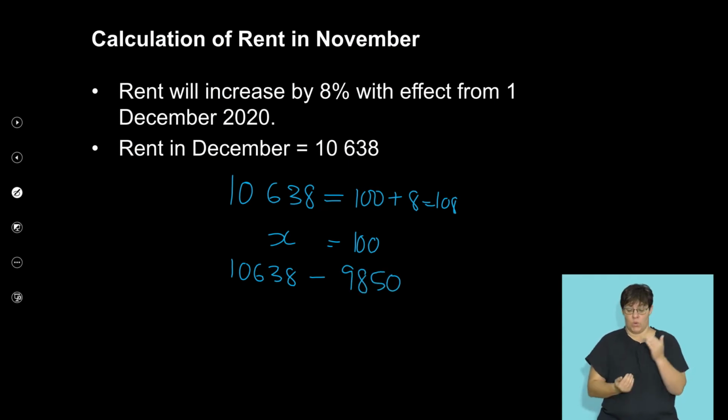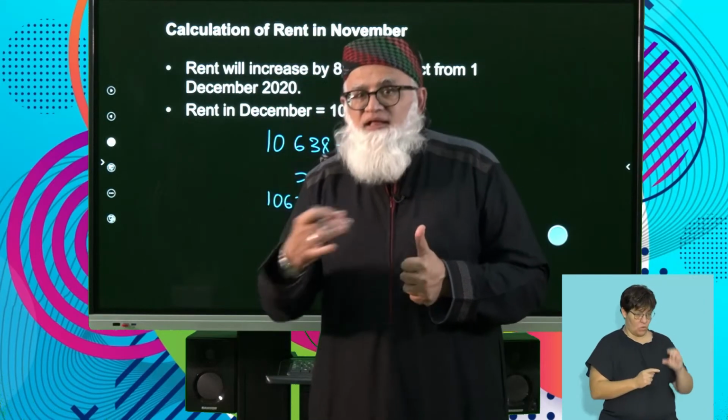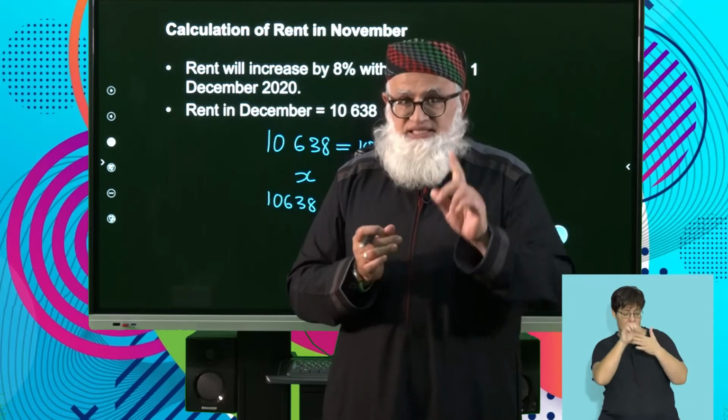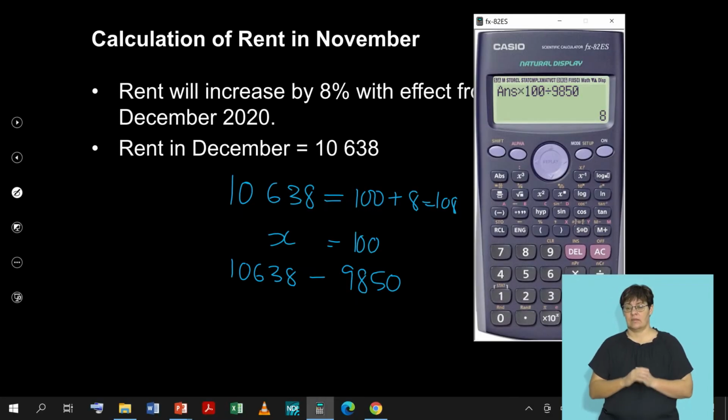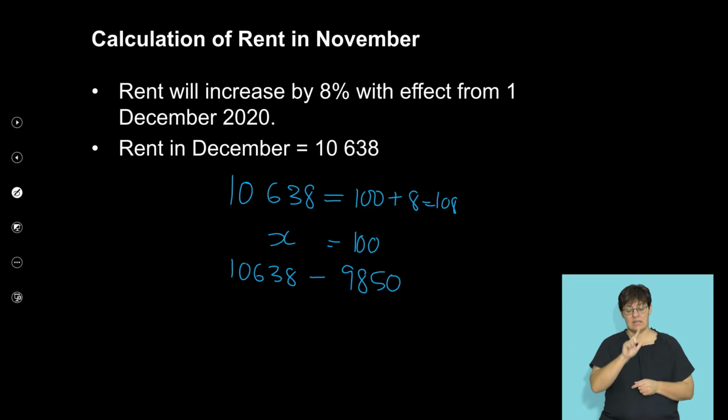So step number one, take the new rental, subtract the old rental. That's the first step. 10638 minus 9850. Let's do that again. 10638 minus 9850 will give you a figure of 788. So this answer here is 788.